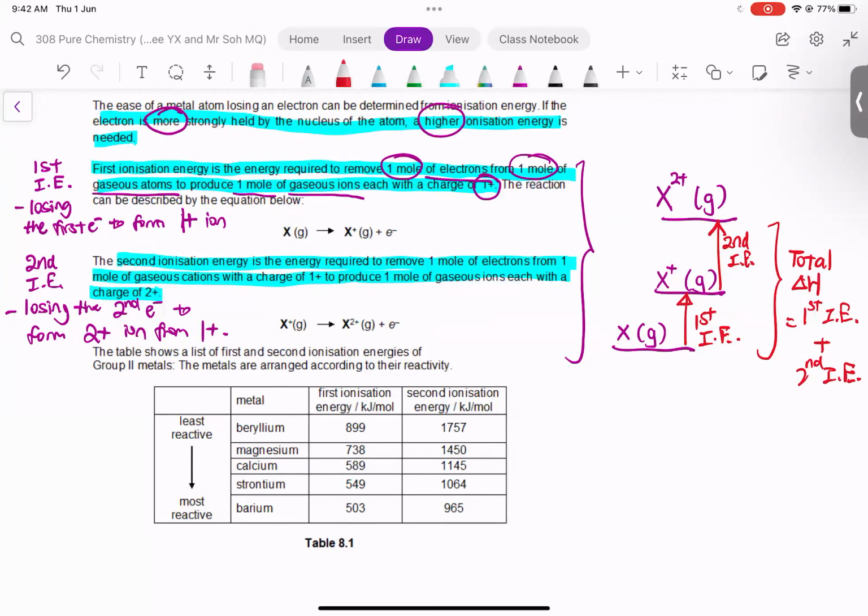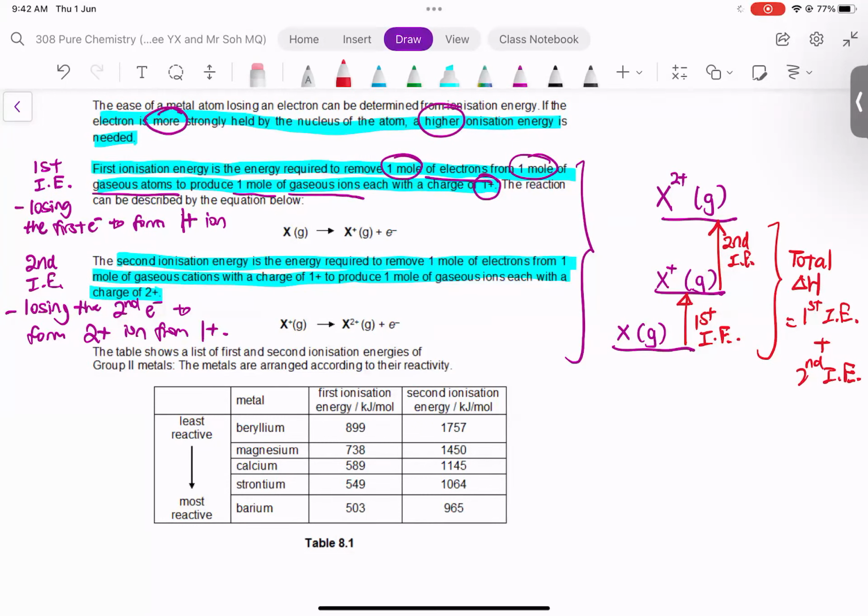It's quite obvious: the more reactive the metal, the lower the IE. Both for first and second IE, you can see this is the relationship. Whenever you are given numbers, please write the trend out, even if the question doesn't require it.